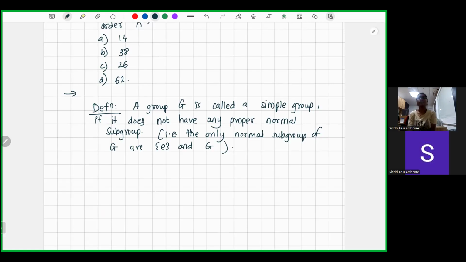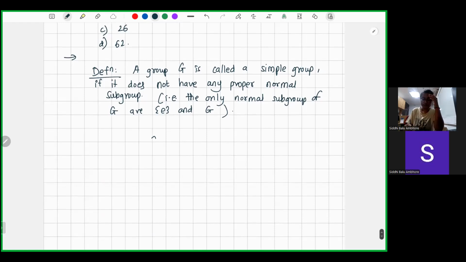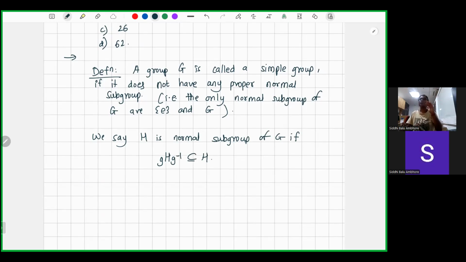Note that when we say G is a normal subgroup, G as a group itself being normal, we need not have G to be abelian or anything. The definition of normality is just this: we say H is a normal subgroup of G if g h g inverse is contained in H. This is the only condition we need to take care of.